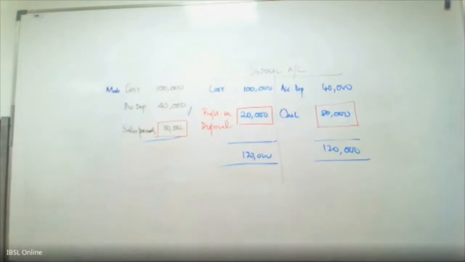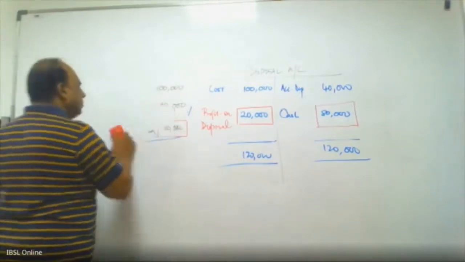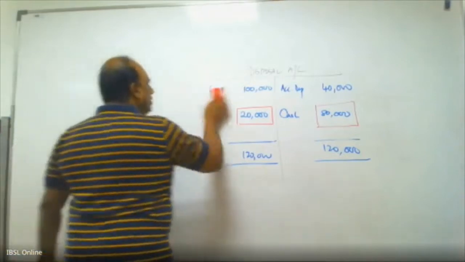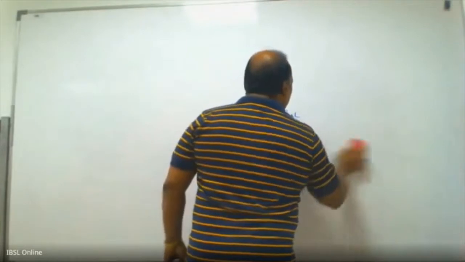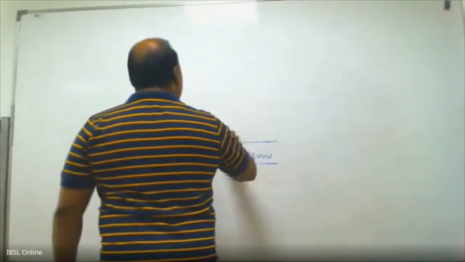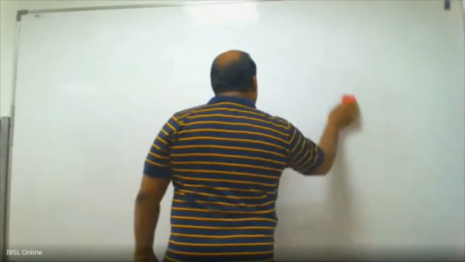Then we have already discussed the increases and decreases in assets and liabilities, and how to capture those. So I think we did a quick recap of the statement of cash flows.